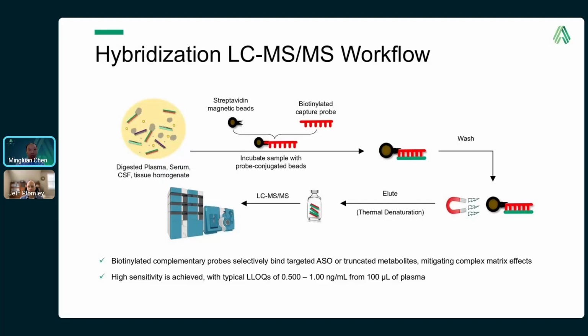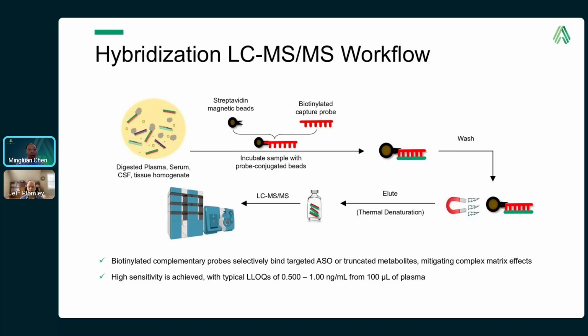After washing to remove the matrix components, the captured ASO analytes are thermally eluted and analyzed by LC-MS, which offers high sensitivity and selectivity with typical LOQ in the range of 0.5 to 1 nanogram per ml from 100 microliters of plasma.